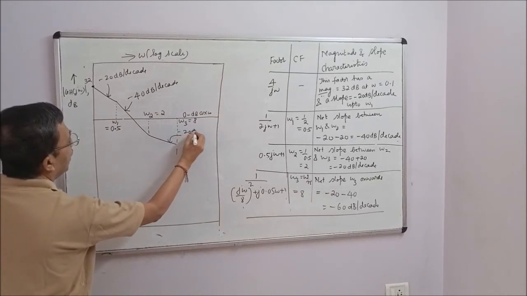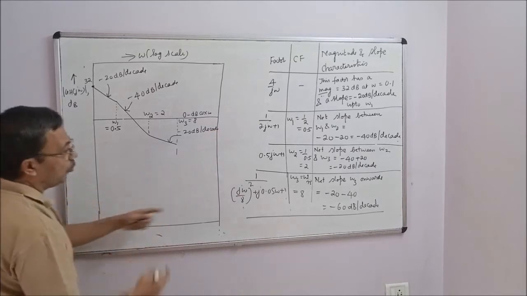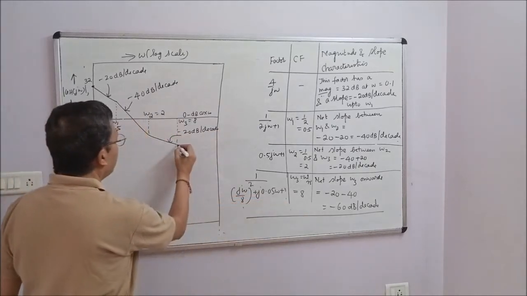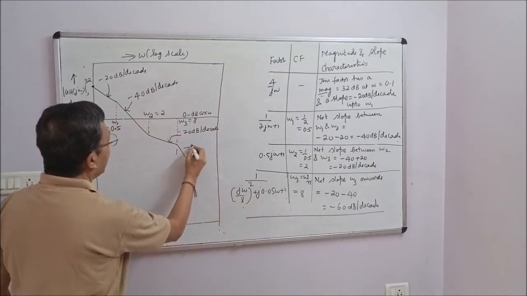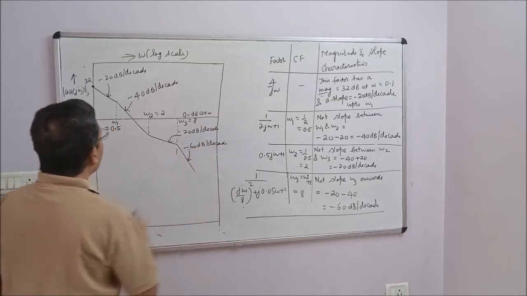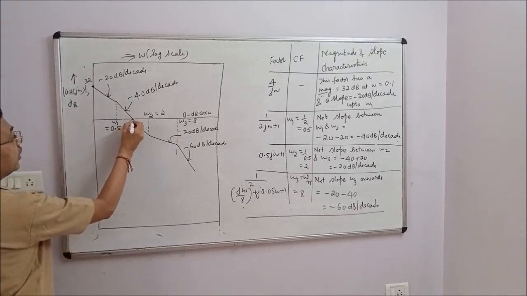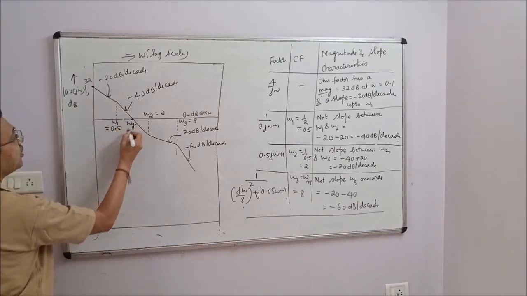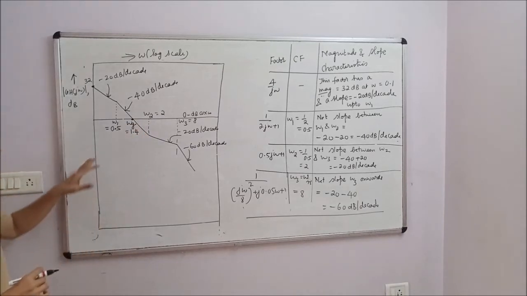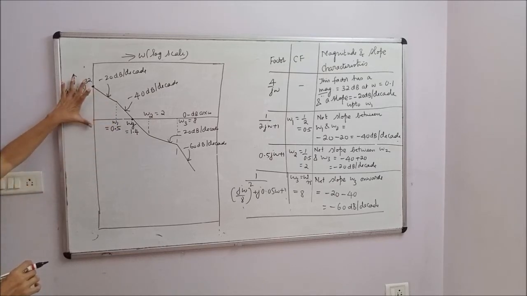This is minus 20 decibels per decade. Beyond omega 3, slope is minus 60. This is minus 60 decibels per decade. This diagram, however, will be doing it on the semi-log sheet. This frequency is omega g, and it will be found that omega g is 1.4. I know that it is 1.4 because I have done this diagram on this semi-log sheet.